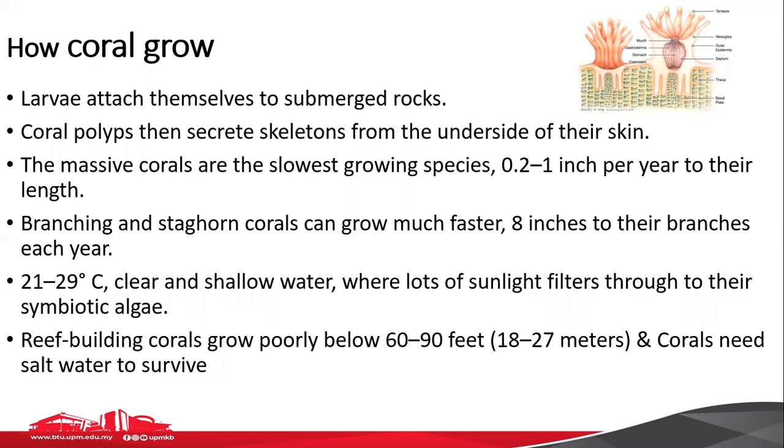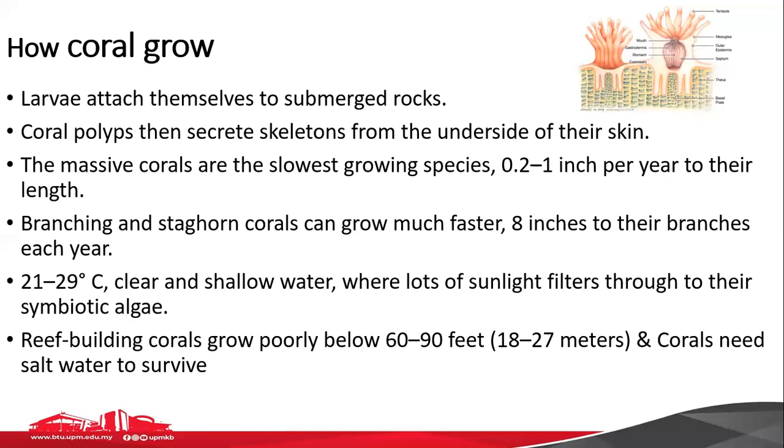Massive coral grows slowly compared with branchy and staghorn coral. It grows about 0.2 to 1 inch in length per year, while branchy and staghorn coral can grow much faster, up to 8 inches to their branches each year.